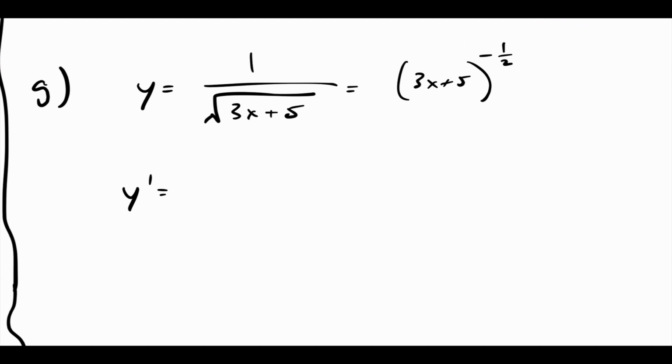So the outside level is something to the negative 1/2 power. Okay. So we move the negative 1/2 to the front: 3x plus 5. Subtract 1 whole, I would get negative 3/2.